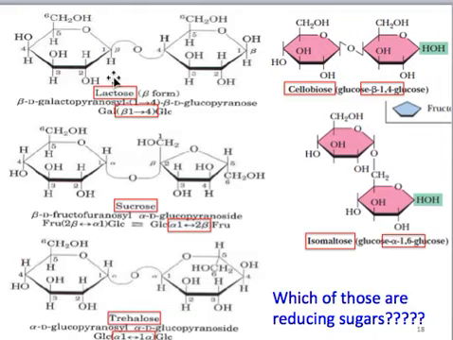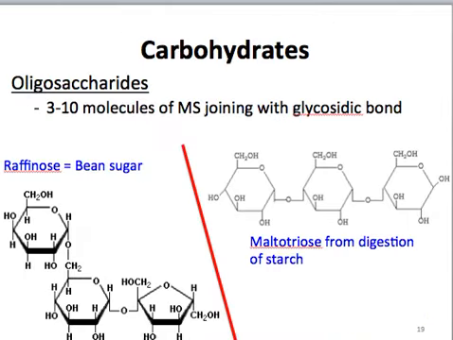Oligosaccharides comprise at least three monosaccharide units in the molecule joined together with glycosidic bonds. For example, raffinose, an oligosaccharide composed of glucose, galactose, and fructose, is mainly found in nuts and beans.